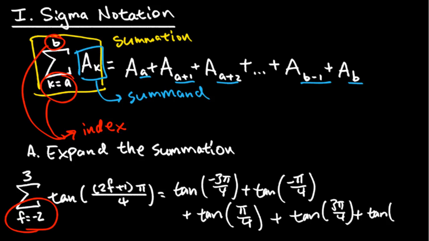So when that's 0, yeah, so this is when we have -2, -1, 0, 1, 2. Okay, so this is going to be 2 times 2 plus 1. So that's 5 pi over 4. And then the next one is going to be when you have K equals 3. So that'll be plus tangent of 7 pi over 4.